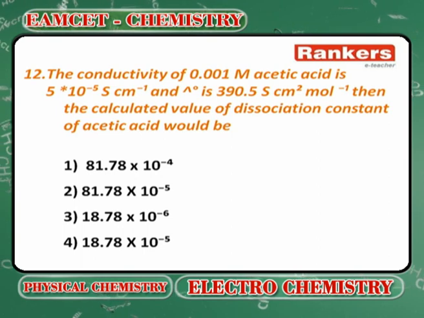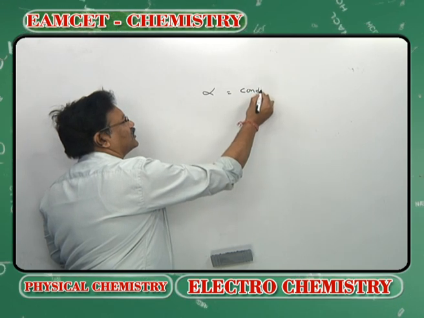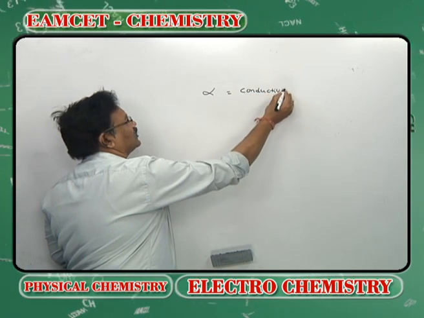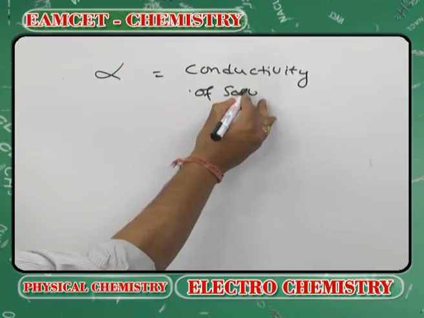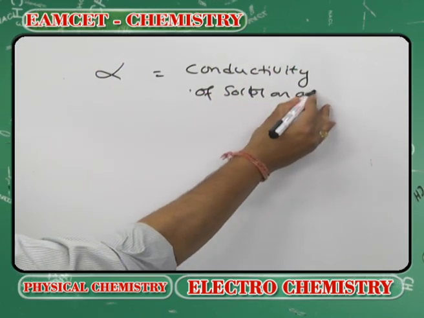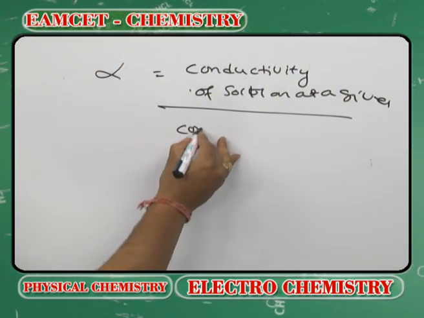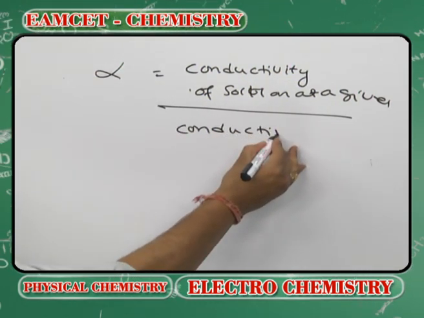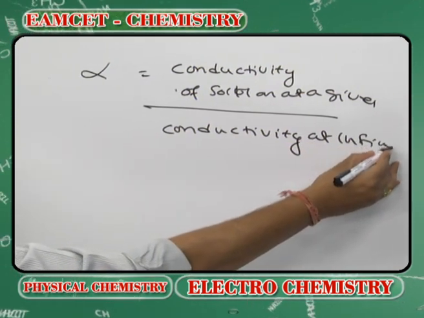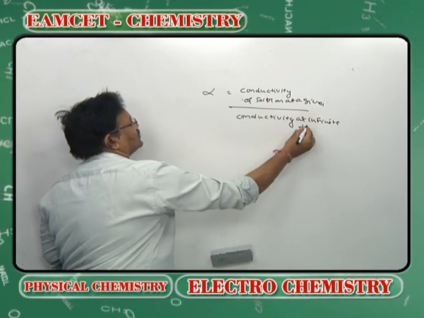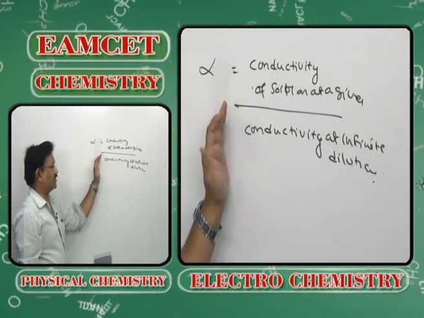Alpha is equal to conductivity of the solution at a given concentration by conductivity at infinite dilution. This is the one important formula to be remembered in the Kohlrausch law applications.